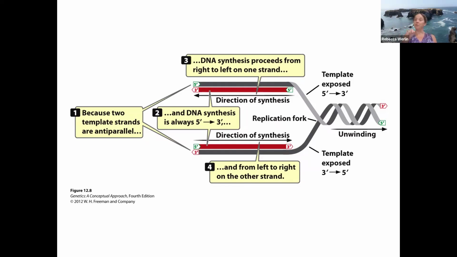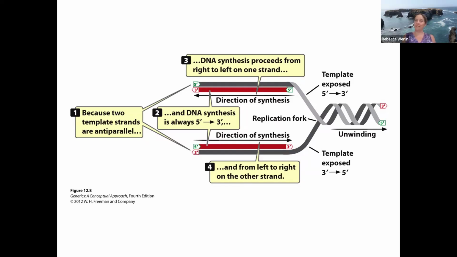And then we have the newly synthesized strand in red going 5' to 3' that way. Then at the bottom, we have the template strand in gray running 3' that way. So 3' is in that direction. And then, as you can see, the direction of synthesis of the newly synthesized DNA in red is running 5' to 3' that way. So as you unwind your DNA, one strand can be made continuously 5' to 3'.